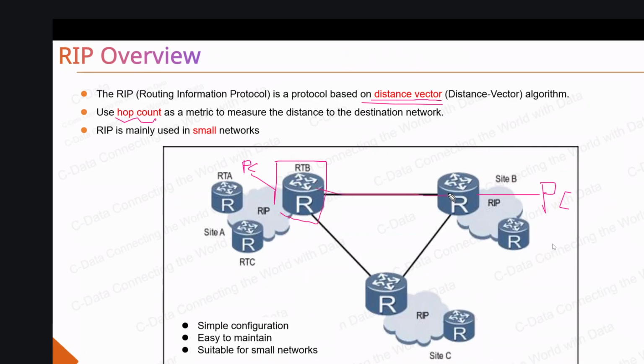He jumps to here directly, so he thinks this way is better, so we choose this one. And because there is one more router here, he needs to jump through 2 routers, 1 and 2, so he thinks this one is not good.